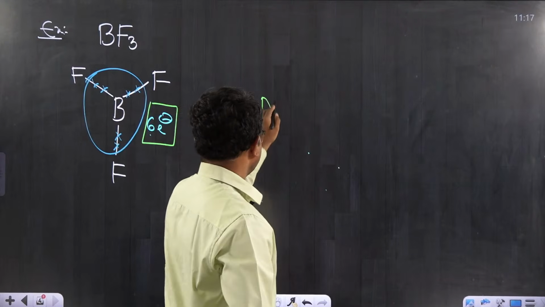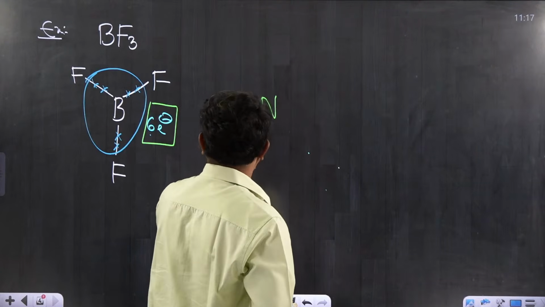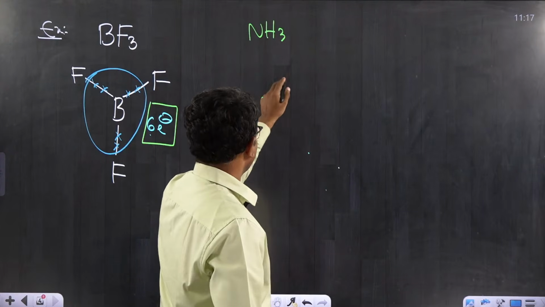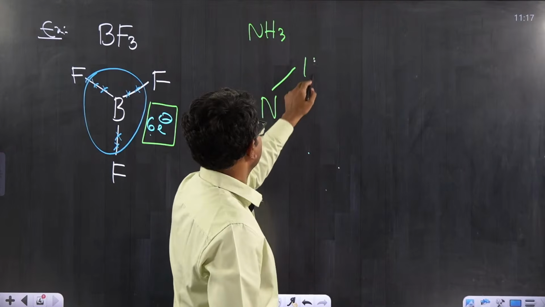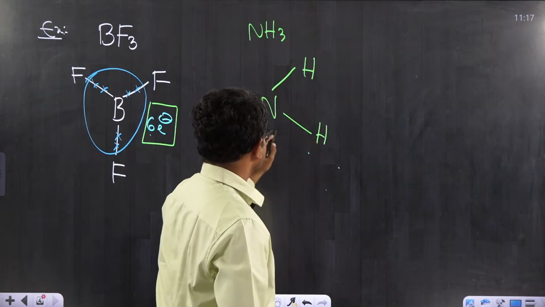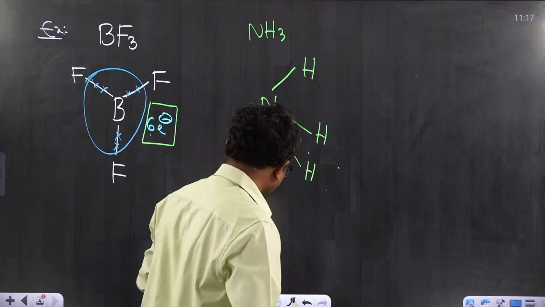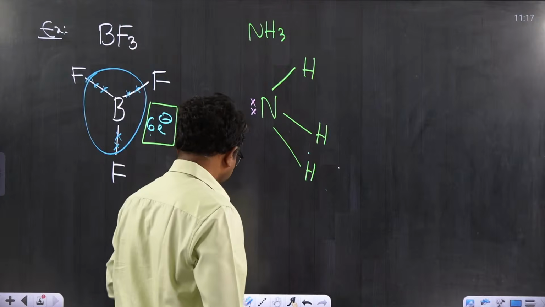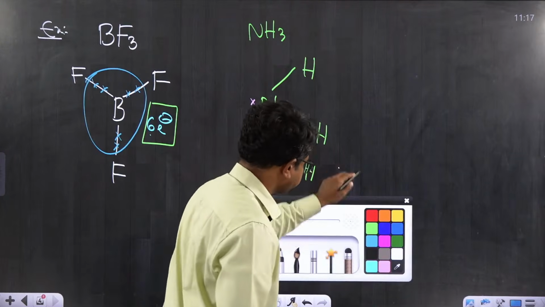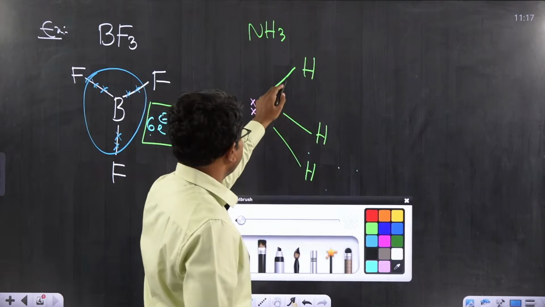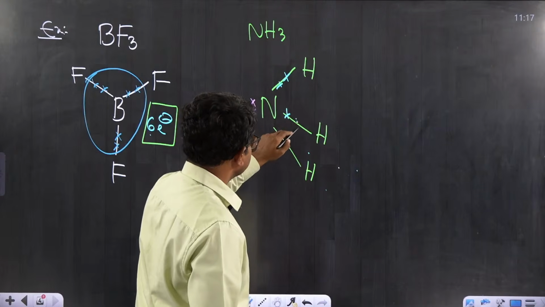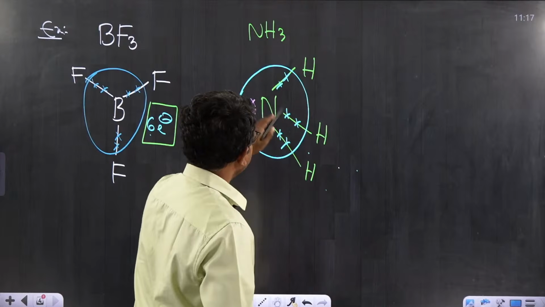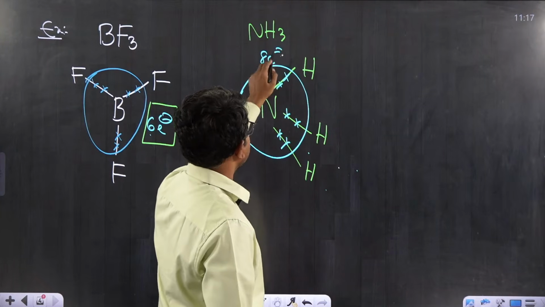When it comes to ammonia, let me write ammonia here. If you talk about ammonia, ammonia has an unshared electron pair. If you count the total number of electrons surrounded by nitrogen in ammonia, we have in total 8 electrons.